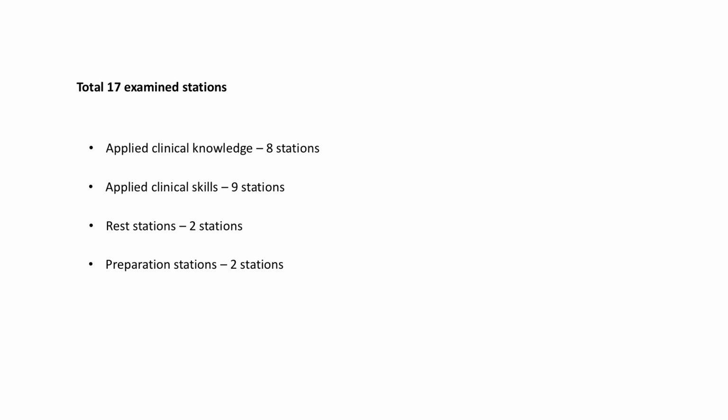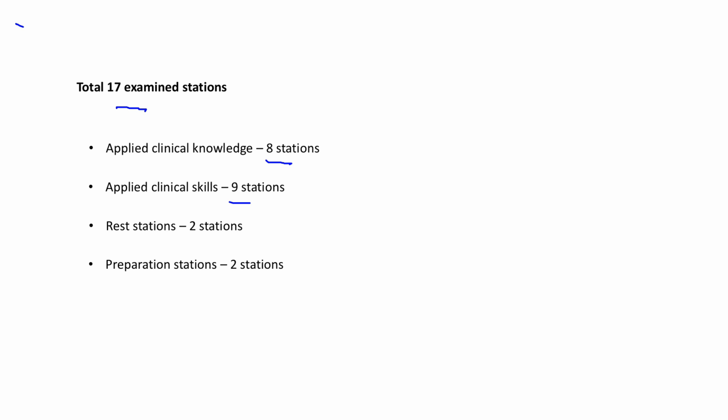So now we have discussed how the exam is assessed, how it is structured, and how many stations there are of different subjects and components. Now we discuss more about the stations. There are 17 total examined stations, as we have discussed: 8 clinical knowledge stations and 9 clinical skill stations.